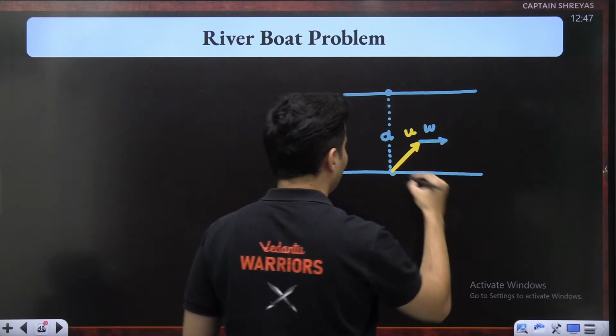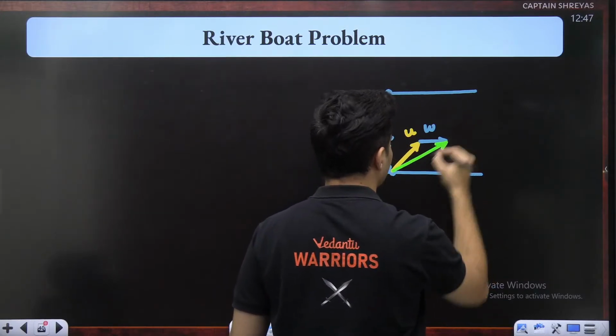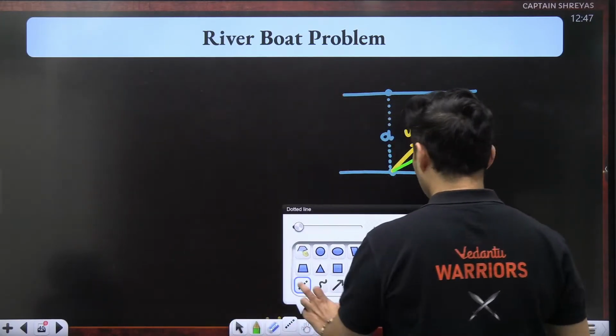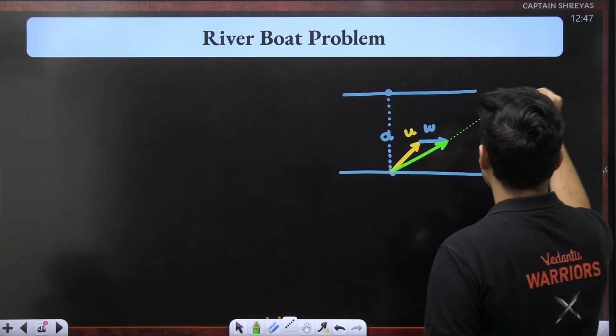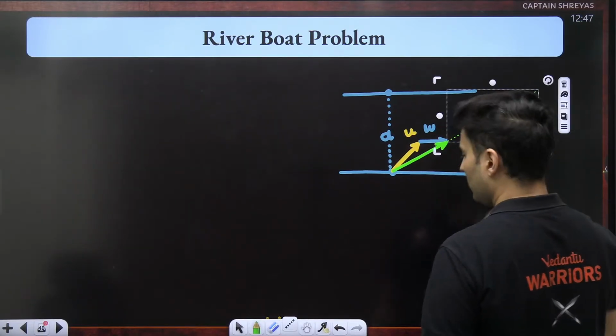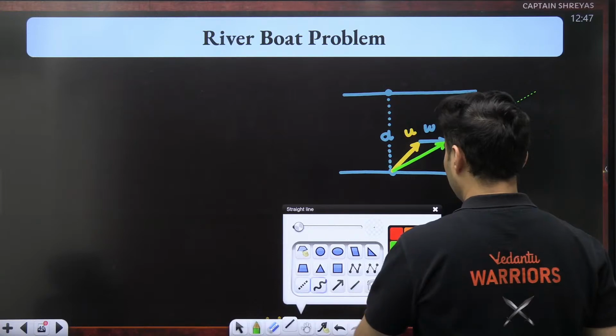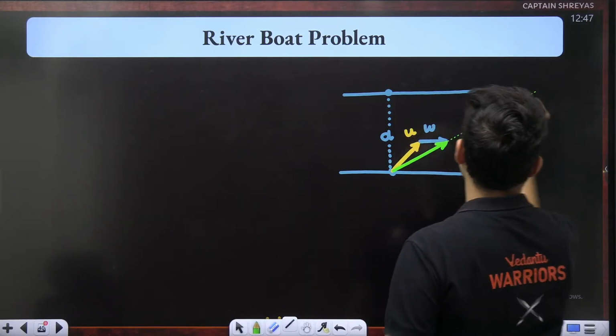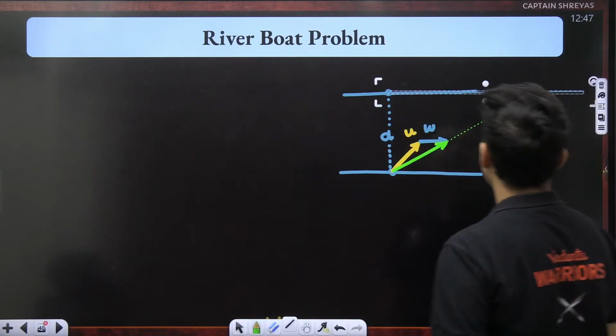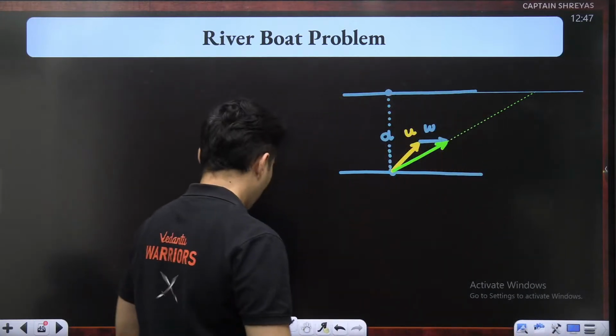So the resultant velocity will come out to be like this, and you end up reaching the other bank here somewhere, something like this.